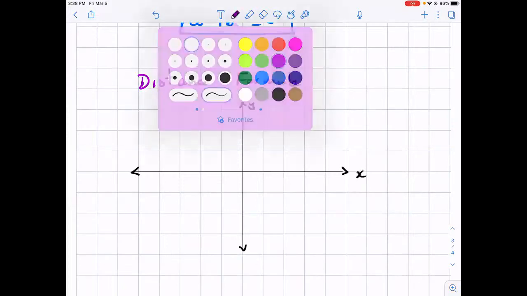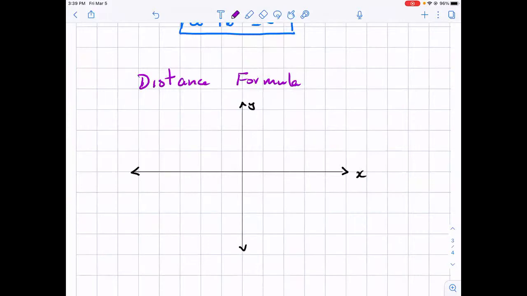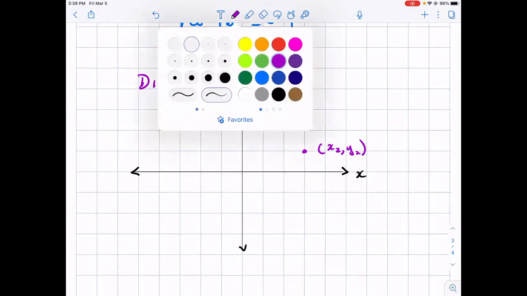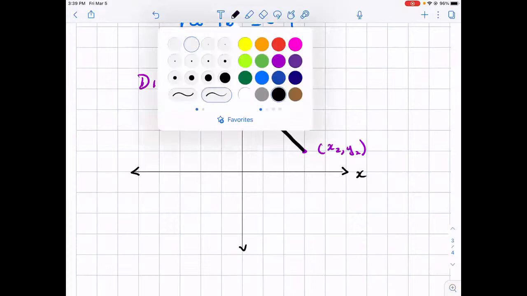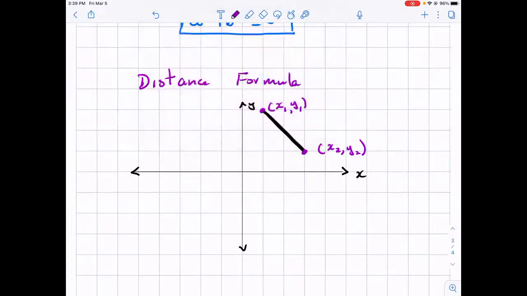So if I have a point here, call this point x1, y1, and let's say I have another point here, and let's call that x2, y2. The 1 and the 2 just tell me which is the first point and which is the second point. So if I have a line connecting those 2 points, we should be able to find the distance.